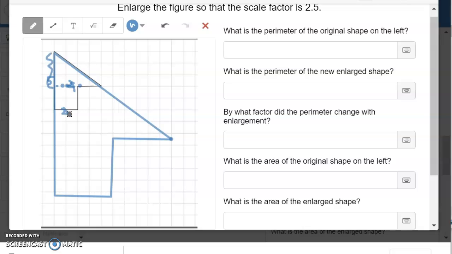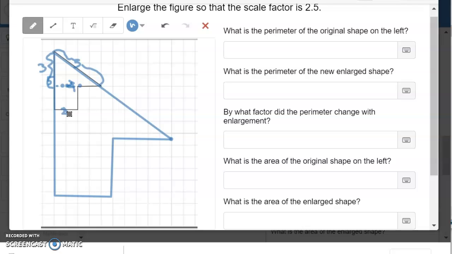For this triangle it is 3 and 4. 3 squared is 9. 4 squared is 16. 9 plus 16 is 25. The square root of 25 is 5. So I know that this length was 5.